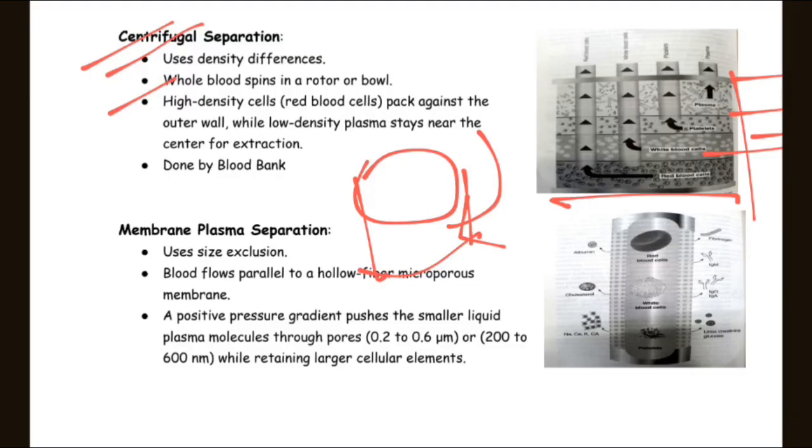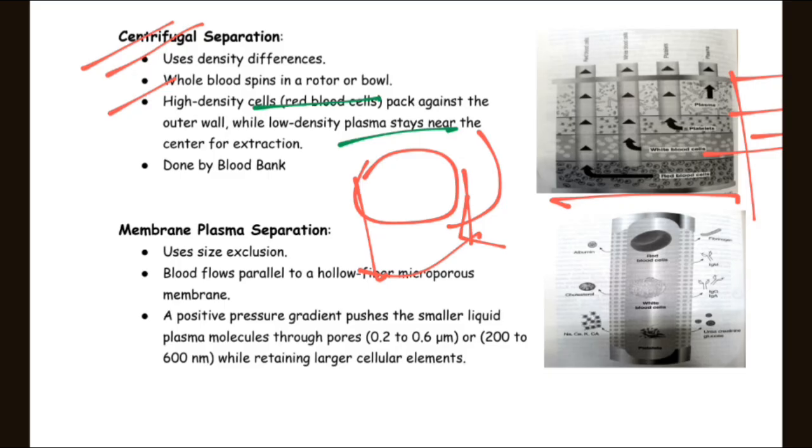High density cells like red blood cells pack against the outer wall, while low density plasma stays near the center for extraction.